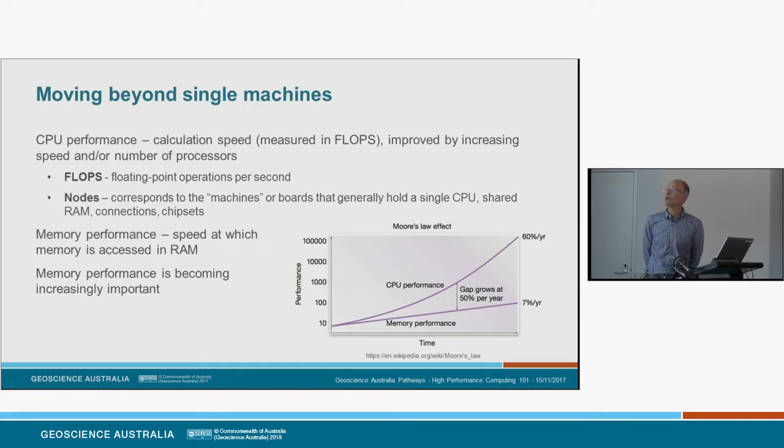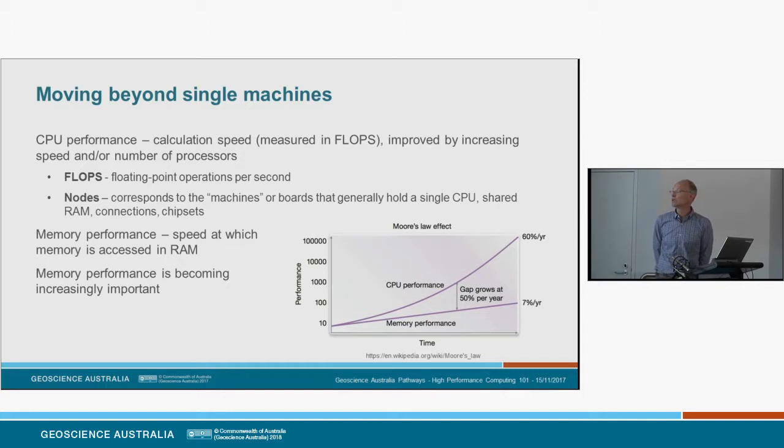This is measured in flops. Flops, floating point operations per second, and that's just mathematical operations. So if we want to speed these things up, we can either do it by increasing the processor speed, so how quickly an individual calculation can be made, or we can increase the number of processors, right?